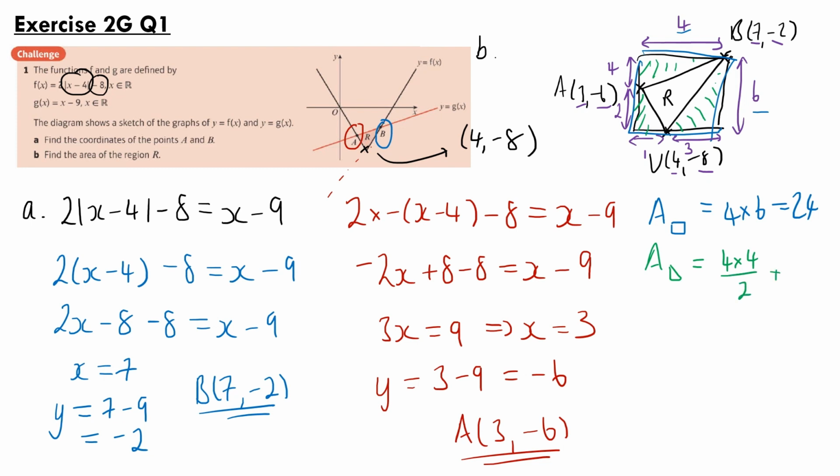Then for the bottom left one, 2 times 1 divided by 2. And then for the final one, 3 times 6 divided by 2. So this gives us 8 plus 1 plus 9, which is 18. So the area of the region R is going to equal 24, take away that 18, so we get 6 units squared.